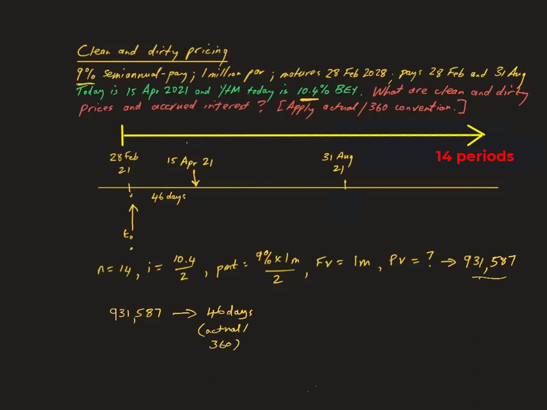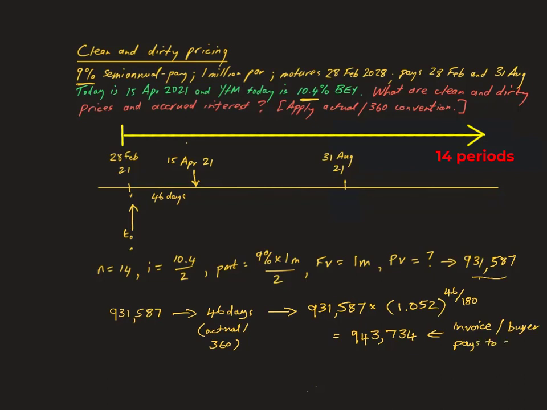Keeping in mind that you are dealing with 6-month, in other words 180-day periods and a periodic rate of 5.2%, you calculate the dirty price, also known as the full or invoice price, at 943,734. This is the amount of money that actually changes hands as the bond is transferred to its new owner.